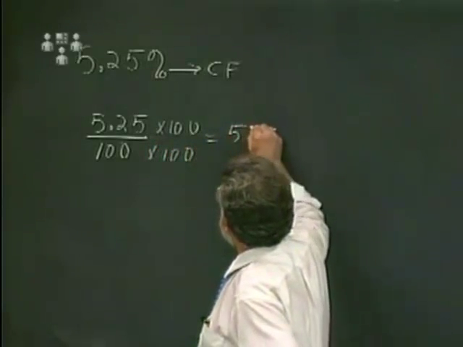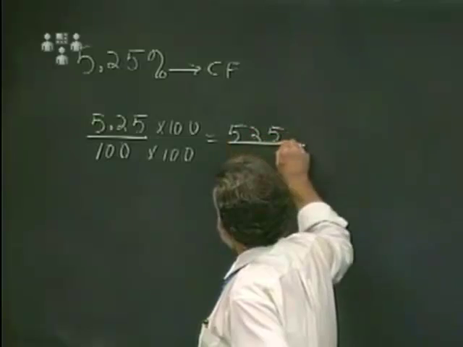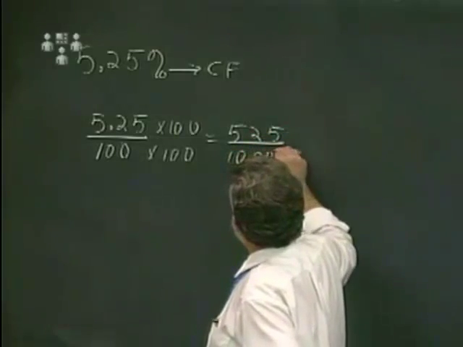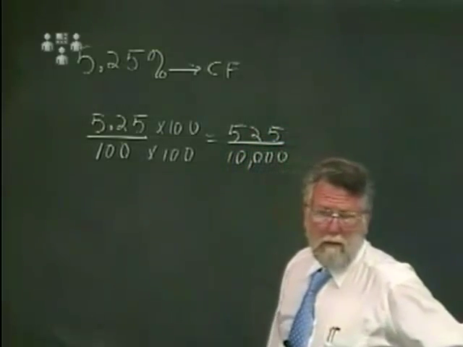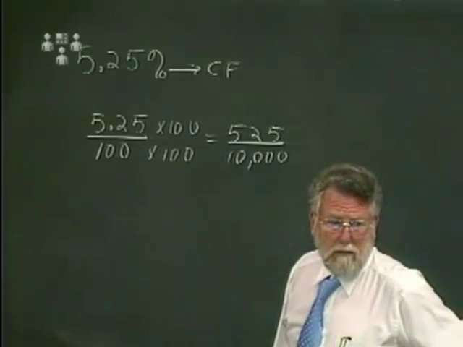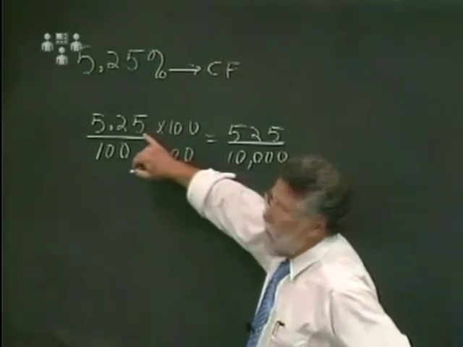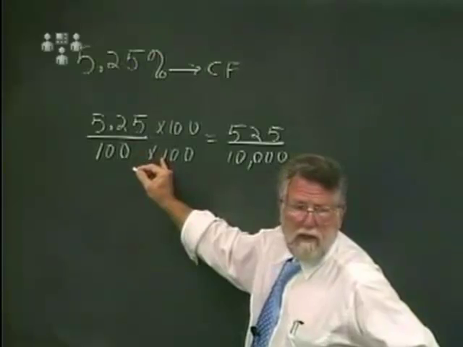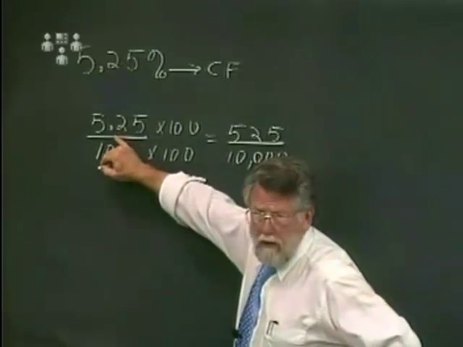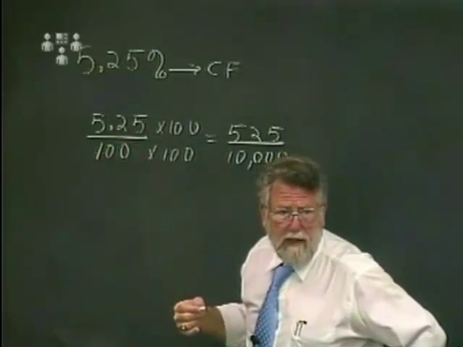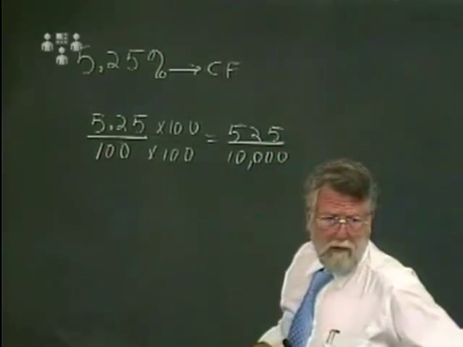And of course you get a very large denominator because that would be 10,000. The question is how many zeros at the end. If you're wanting to get rid of this decimal, you have to move it two places to the right. Now this can be reduced.